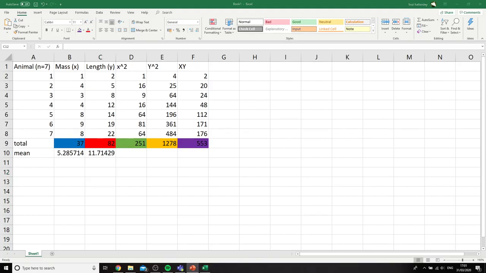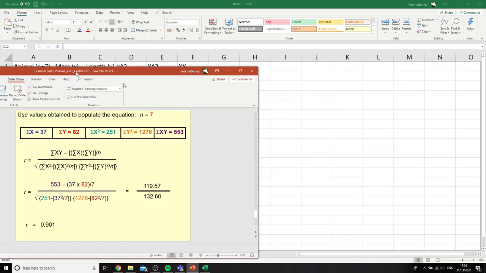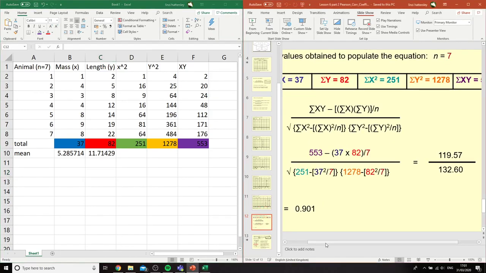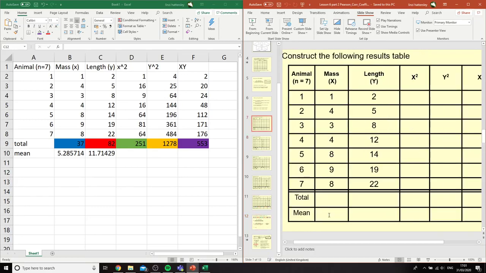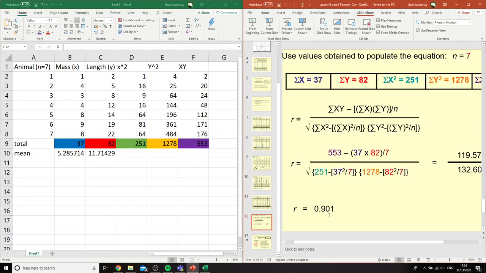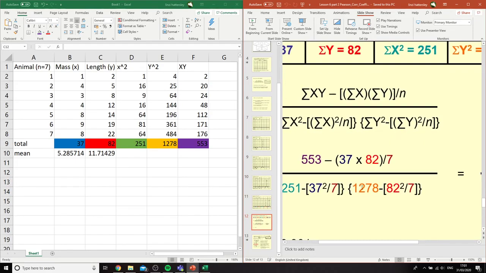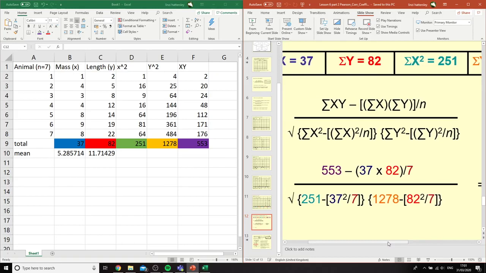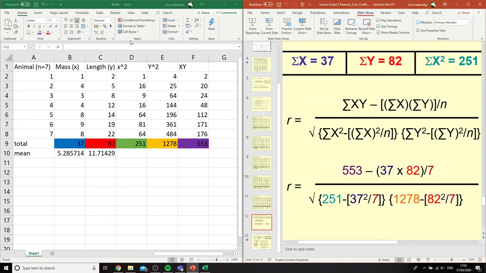So back to this equation. Okay. So this nasty long equation. Yeah, this one. Right.